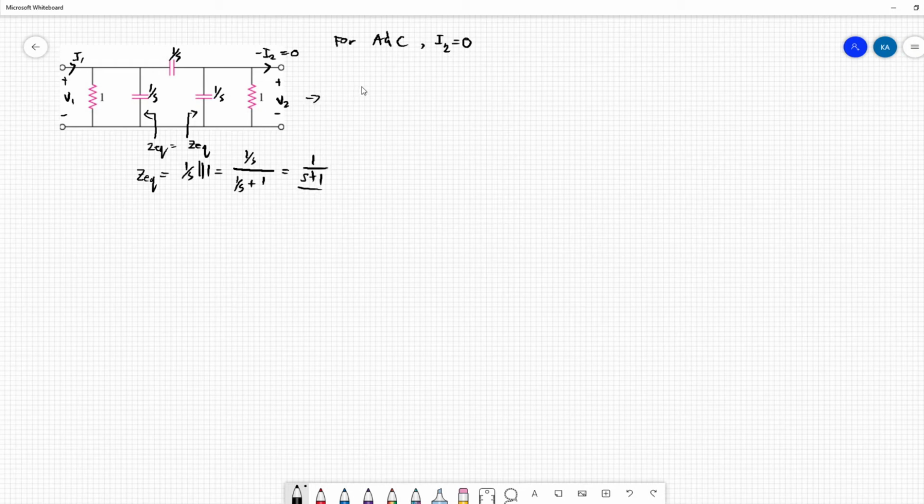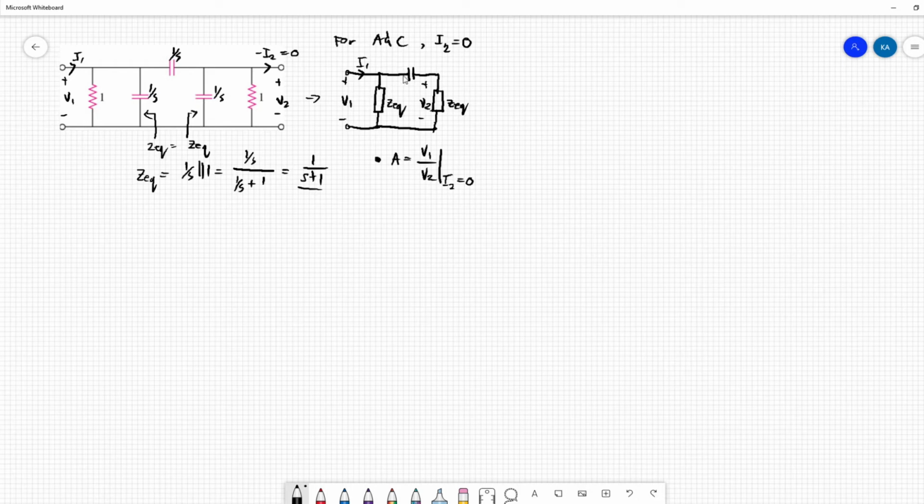So this circuit becomes this, and this is our V2, now V1 and I1.